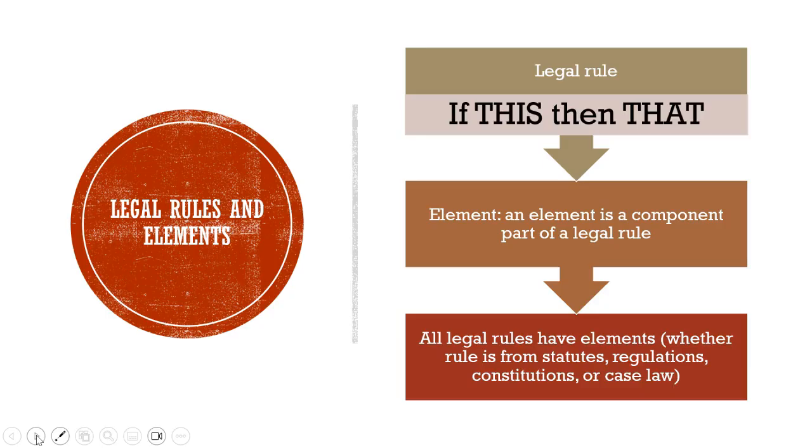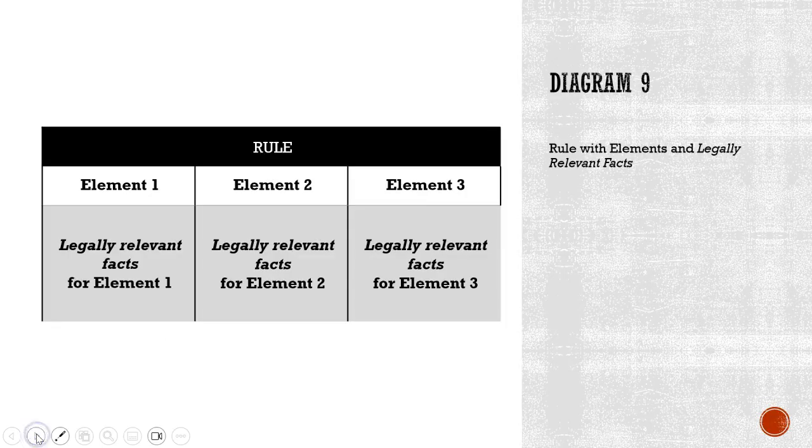You can break a legal rule down into these component parts, as we're going to see illustrated here, and be able to determine with legal analysis whether the rule has been met, and that legal application is applying the rules to the facts. This is an example. A rule will have different elements.